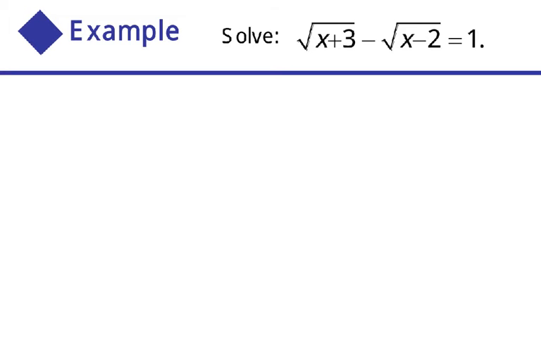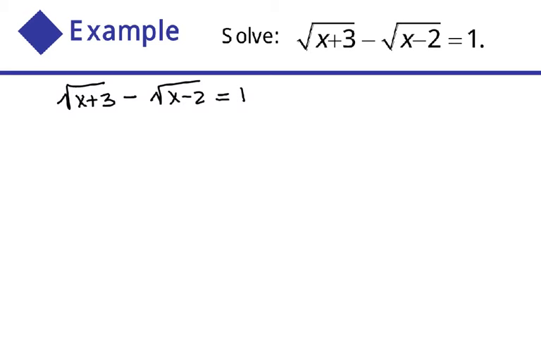So here we go. We're going to do another color just to be fun. The square root of x plus 3 minus the square root of x minus 2 equals 1.